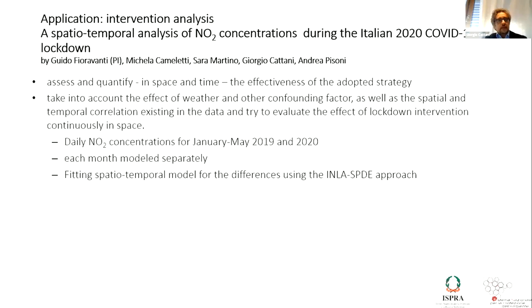But we can also use this kind of approach for intervention analysis, which is assessing and quantifying in space and time the effectiveness of adopted strategies. We did that, for instance, for the Italian 2020 COVID-19 lockdown, which can be considered as an unplanned intervention analysis, by using as a predictor variable the ratio between nitrogen dioxide concentration in 2019 and in 2020.